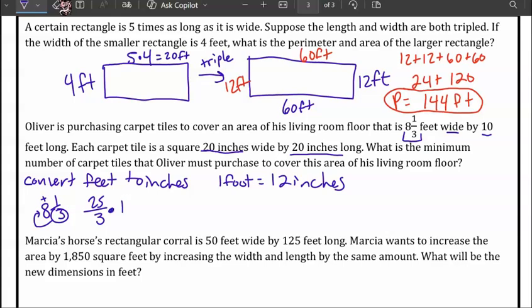And then we're going to multiply that by 12. Well, 12 divided by 3 is 4. 4 times 25 is 100. So it's 100 inches. And then the other would be 10 times 12, which is 120 inches.